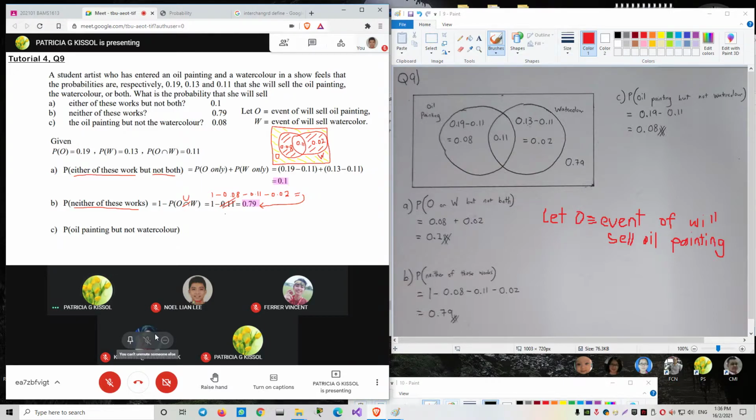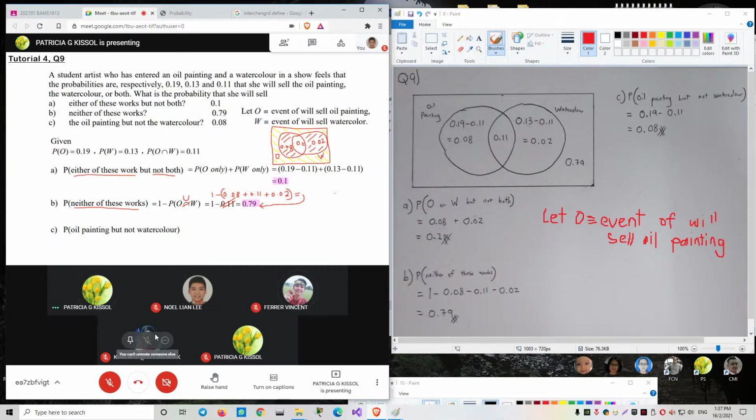I didn't even check on that. So this is the correct answer, okay? We must minus all this value. And if I do the brackets, then it must be plus here. Okay?